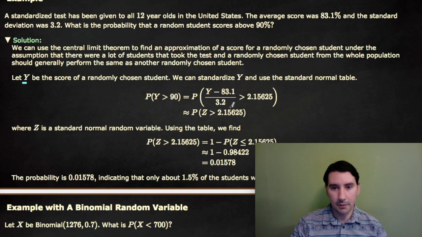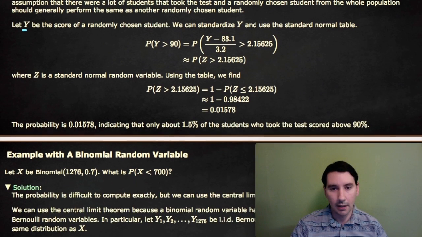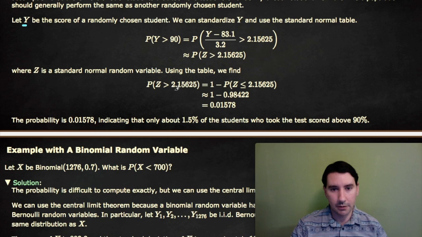The reason I'm scaling that is because I'm subtracting the mean and dividing by the standard deviation to normalize the random variable. So this is approximately the probability that a standard normal Z is bigger than 2.15625, which is equal to 1 minus the probability Z is less than or equal to 2.15625.